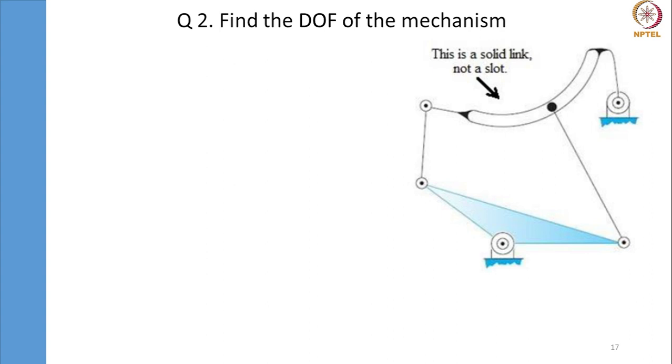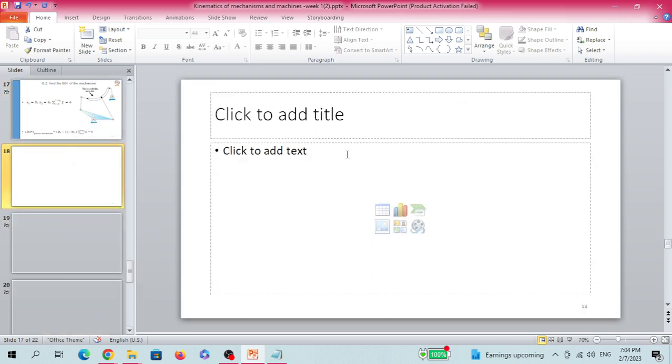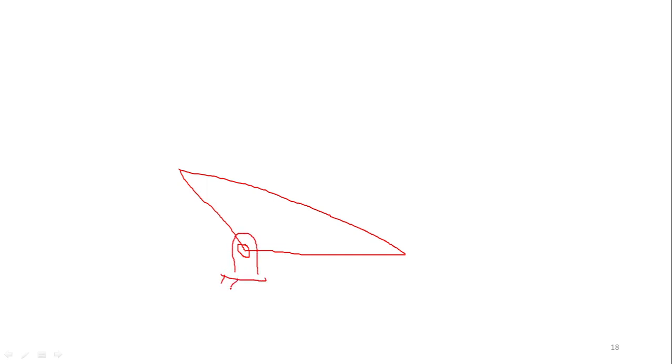Okay. I have a ternary ring here. Start with that. It's connected by a hinge. Fine. I have a revolute joint here.